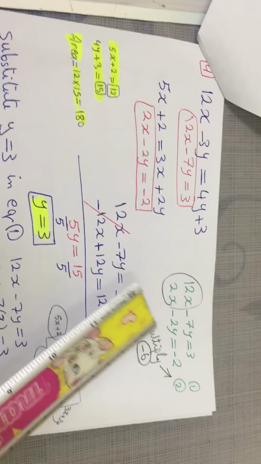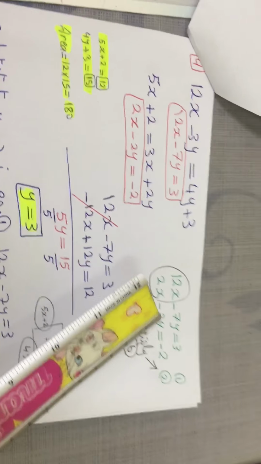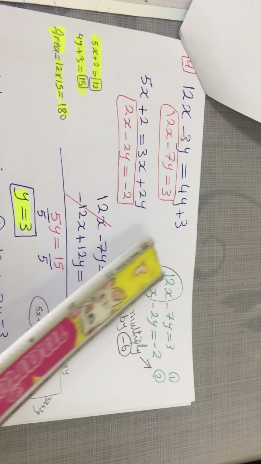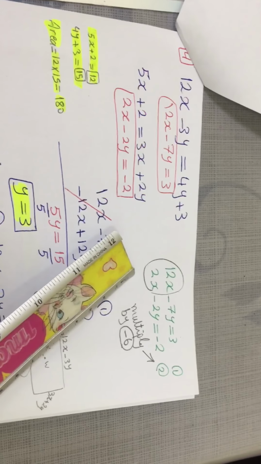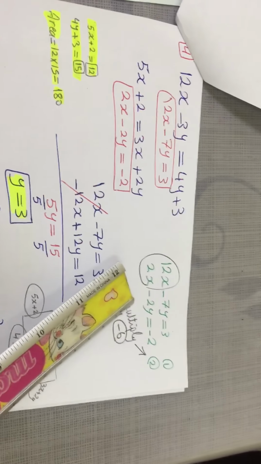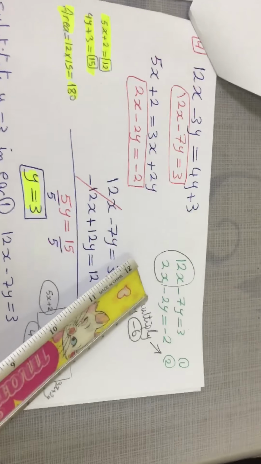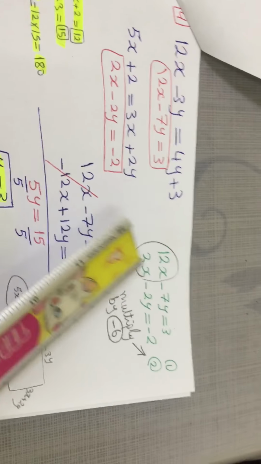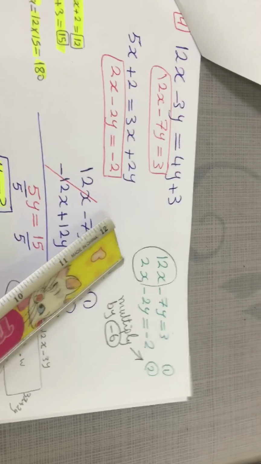In the beginning, you have to decide which variable you will eliminate. Here I decide to eliminate x, because both x's are positive and both y's are negative. So it's up to you to eliminate x or y. I circle the two x's because I want to eliminate the x.